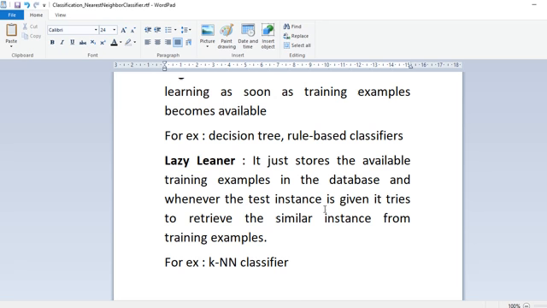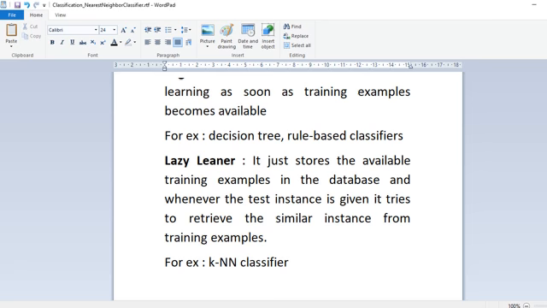Whenever the test example is given, it tries to match it with all the training examples, and it retrieves the most similar example from the training examples and classifies into that particular class. An example for that is the k nearest neighbor classifier.